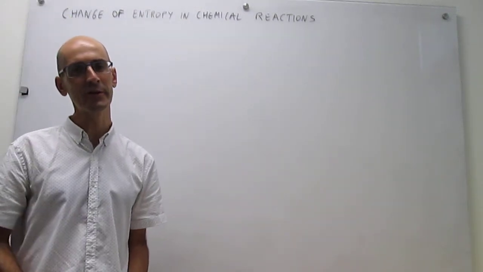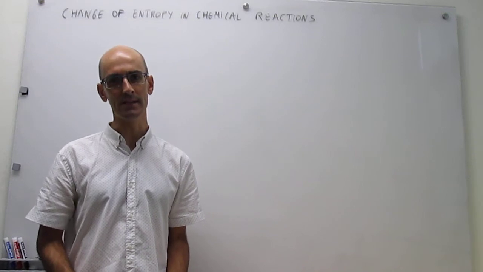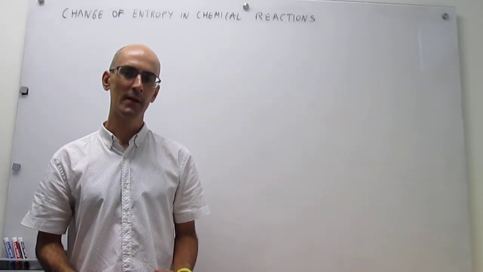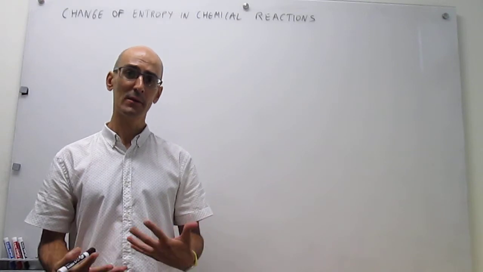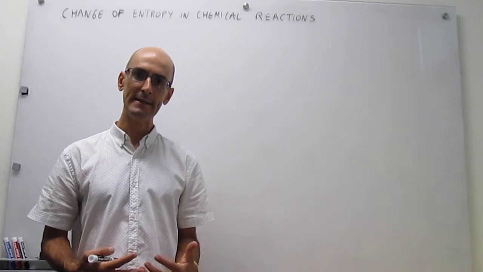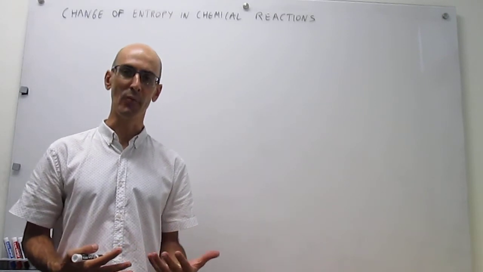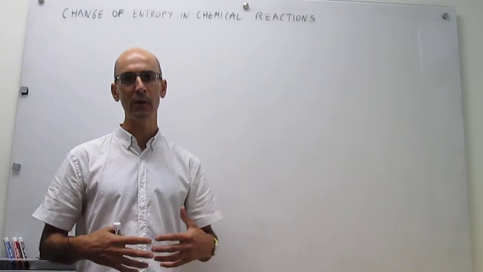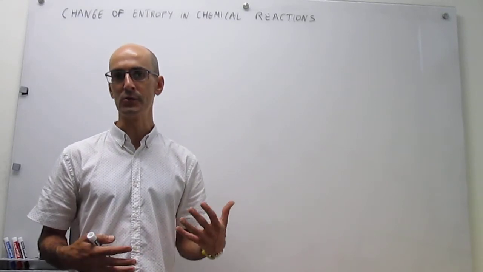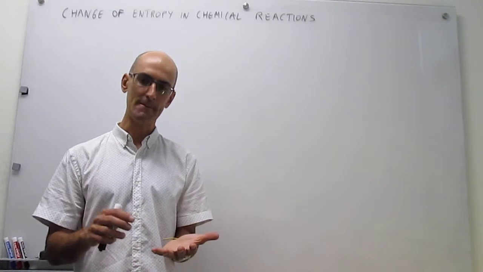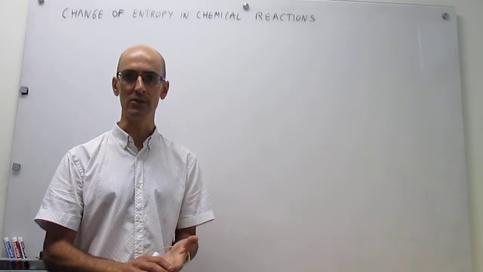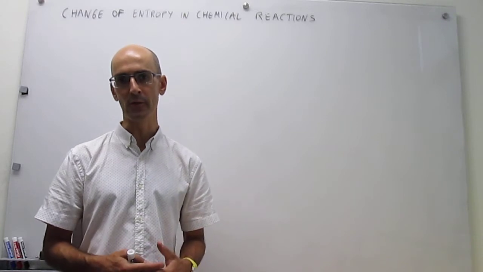In this video, we're going to see how to calculate the change in entropy of the system for a chemical reaction. In the videos that we have seen prior to this, we have learned the second law, and then we have defined thermodynamically entropy, and we have seen how the thermodynamic definition of entropy can be used to understand changes in entropy in gas expansions, heating, cooling processes, phase transitions, and we've also applied it to the surroundings.